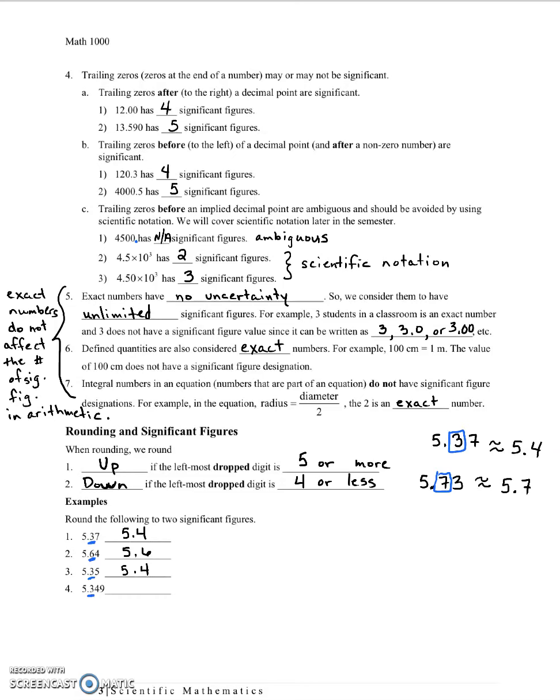I meant the leftmost digit that we drop. So the leftmost digit that we drop here is the 4. So the 9 doesn't matter. We only look at the 4, and the 4 is a round down, so we have 5.3.